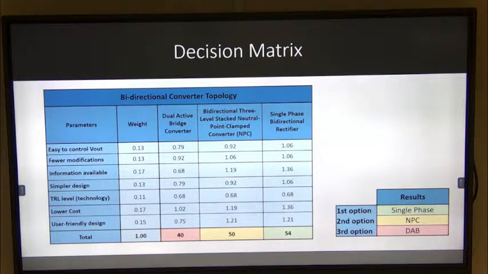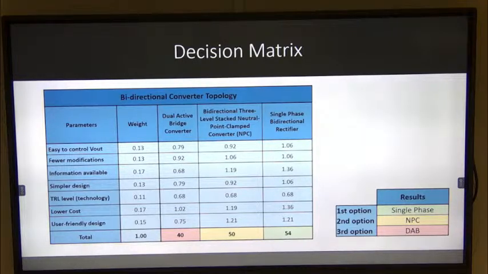So the way that we decide which one of these topologies we're going to use for our project, we develop a decision matrix. In that decision matrix, we evaluate 7 different parameters. Some of them: fewer modifications, information available about that topology, a simpler design, TRL, lower cost, and user-friendly.